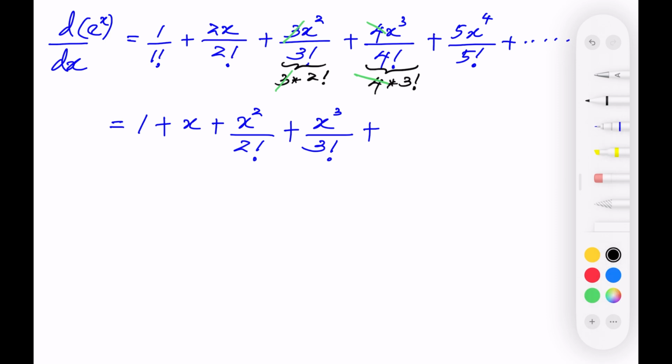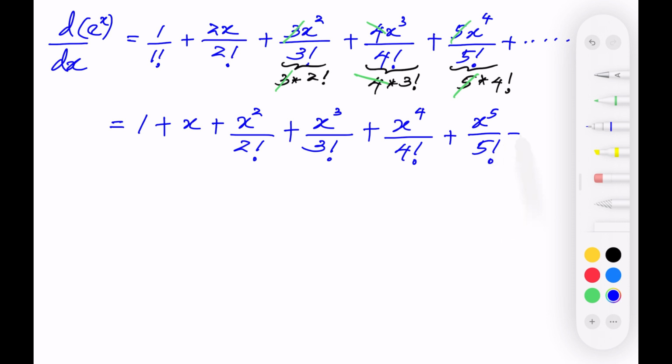That 5 in the denominator can be written as 5 times factorial 4, and then the 5 from the numerator and the denominator can be divided out. Then that term becomes just x raised to the 4th power over factorial 4. Likewise, we can now identify this sequence. The next term should be x to the 5 over factorial 5, and so on. It continues with an infinite number of terms.